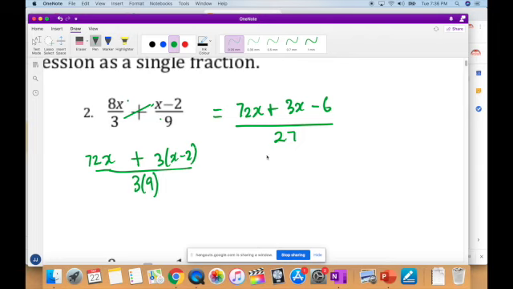And now I can go 72 plus 3 is what? 75. 75x minus 6 divided by 27. Can this simplify any further? No.